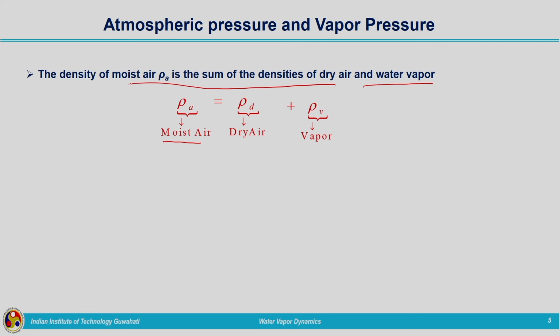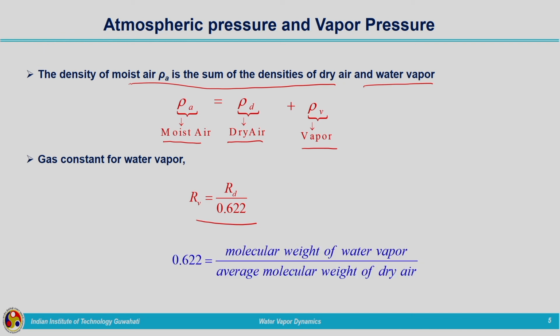Rho d is the density of dry air and rho v is the density of water vapor. Now, we have seen the gas constant for dry air. The gas constant for water vapor can be written as Rv is equal to Rd divided by 0.622. What is this 0.622?